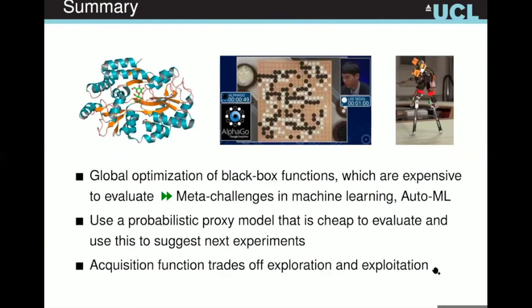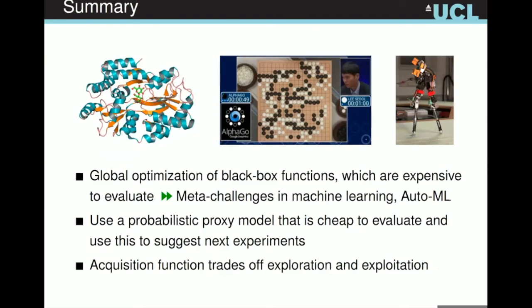So to summarize this, we wanted to look at global optimization of black box functions, which are expensive to evaluate. And this was motivated by some meta challenges in machine learning or AutoML, for example, protein folding or AlphaGo, or maybe in robotics. And really the key idea was to use a probabilistic proxy model that is cheap to evaluate and use this proxy model to suggest next experiments.